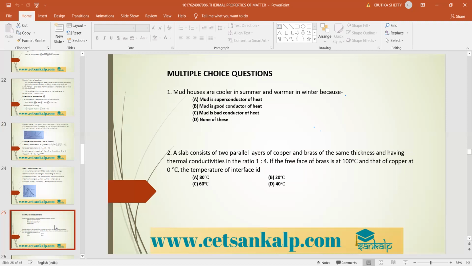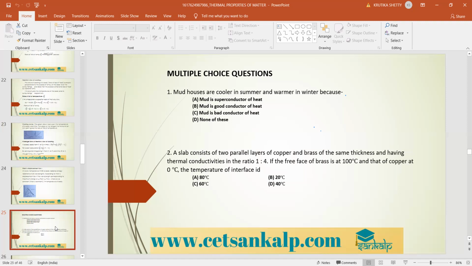So here you have two slabs, parallel layers, one of copper and one of brass, with thermal conductivities in the ratio 1:4.